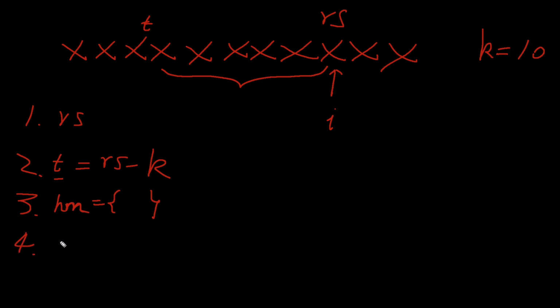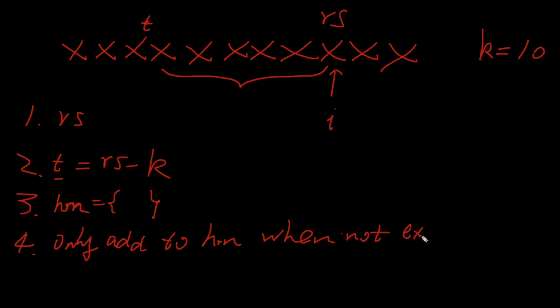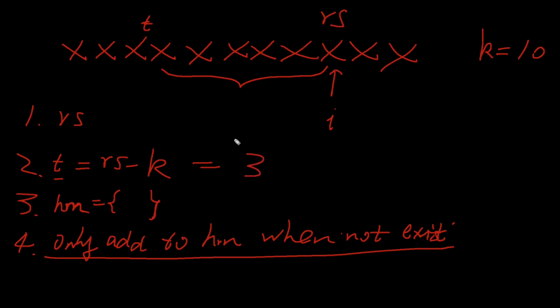And the first one is that we only add to the hash map if it does not exist. This is important because that's the way we can guarantee that for the same running sum, we only maintain the smallest index. Because let's say the target is equal to 3, and the numbers could be either positive or negative.